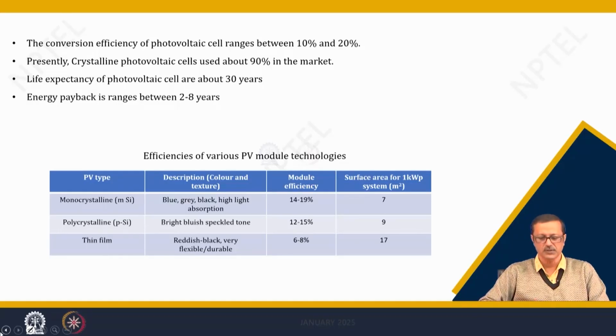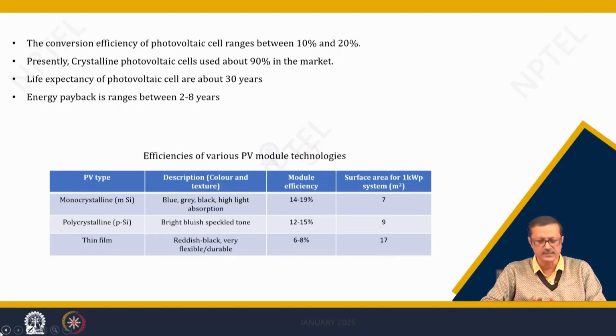The thin film has a 6 to 8% efficiency, but for harvesting, per square foot of area it shows higher. I mean, it is opposite, because the watt peak is higher for the surface area.